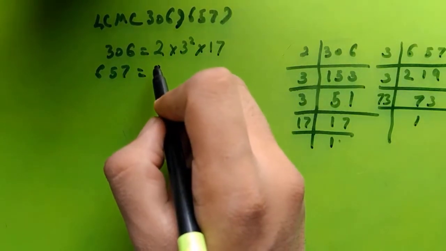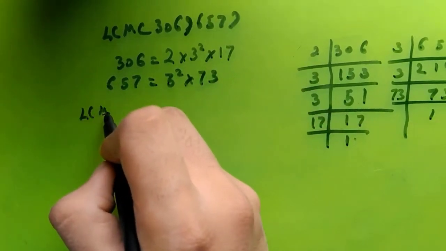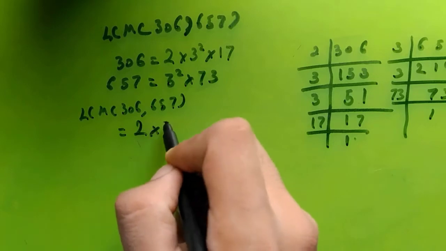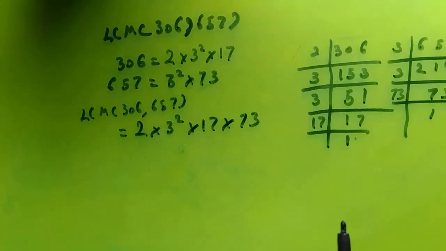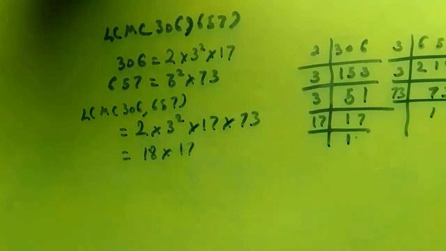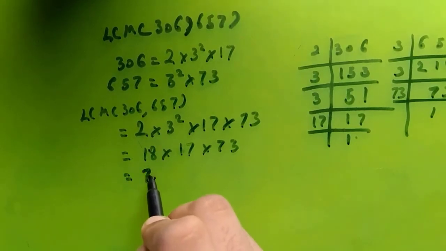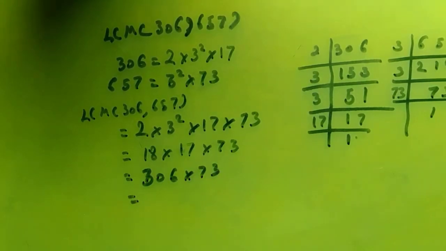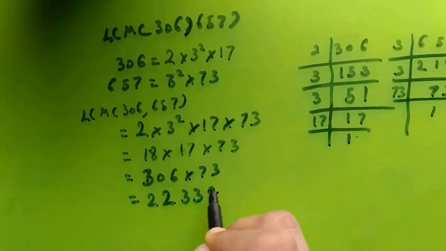675 is equal to 3 square into 73. Therefore, LCM of 306 and 657 is equal to 2 into 3 square into 17 into 73, which is equal to 2 into 9 is equal to 18 into 17 into 73, which will be equal to 18 into 17 is 306 into 73, equal to 22,338.